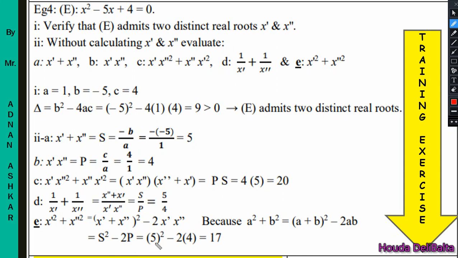S is 5, 5 squared minus 2 into 4, then 25 minus 8, which is 17. So 2 into x prime x double prime is 2 into 4, and s squared is 5 squared. So again and again, x prime squared plus x double prime squared can be used as this formula all the time, s squared minus 2p.